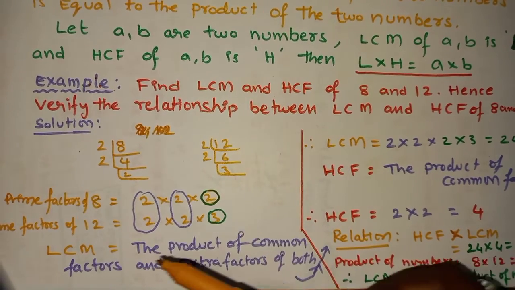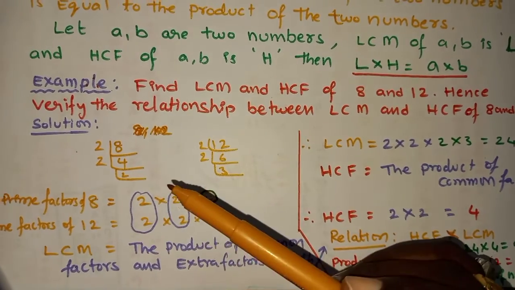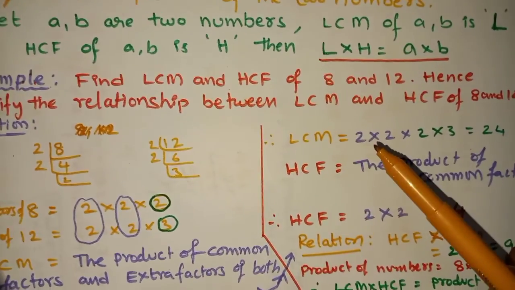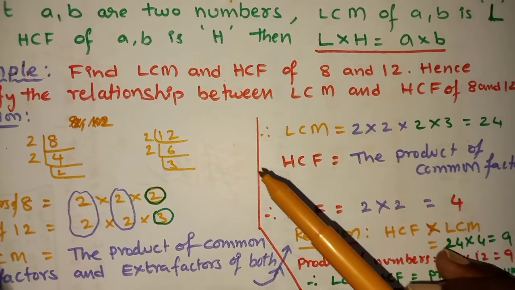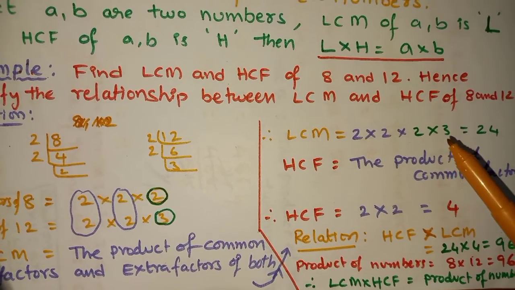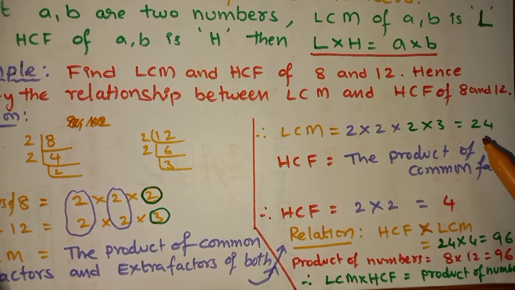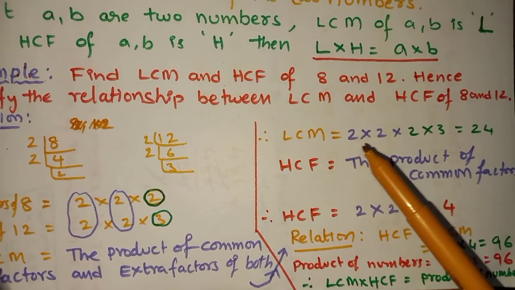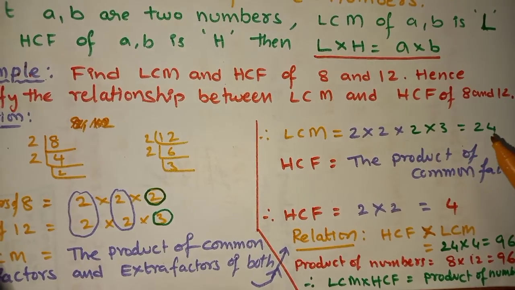So the product of common factors means 2 2, so that's why I wrote here 2 2. And extra factors are 2 and 3. So 2 into 3, by multiplying we get 2 2s are 4, 4 2s are 8, 8 3s are 24.